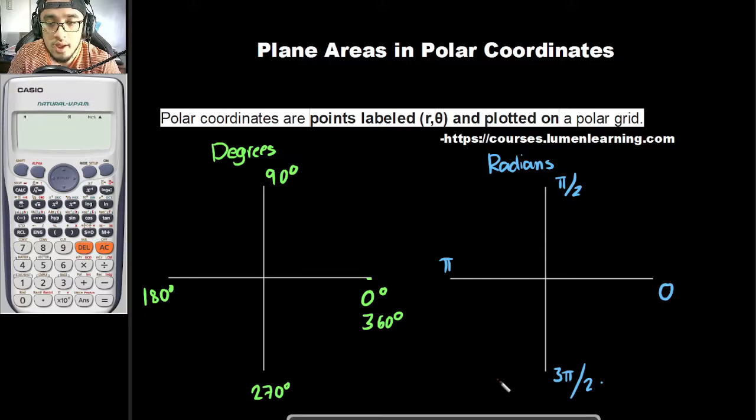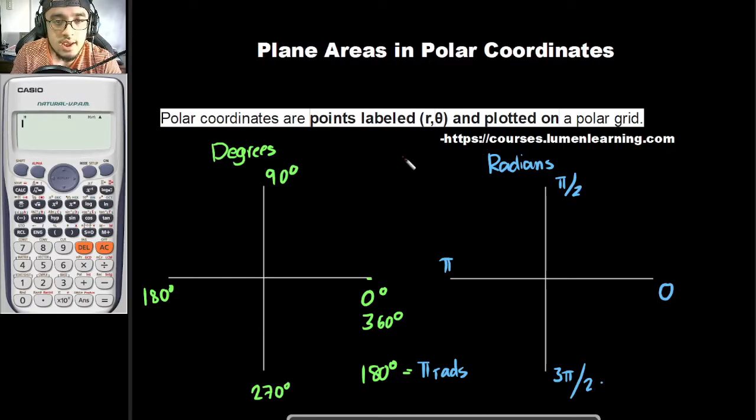These are basically the ones from before converted into radians. Our conversion factor from degrees to radians is that 180 degrees is equal to pi radians. So this is our conversion factor for polar coordinates.